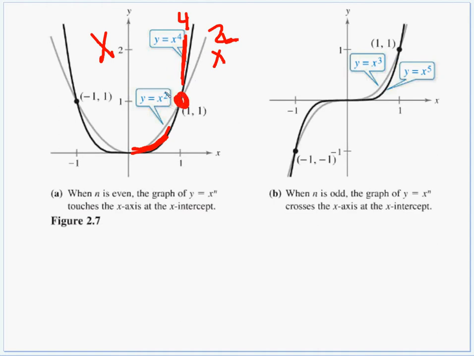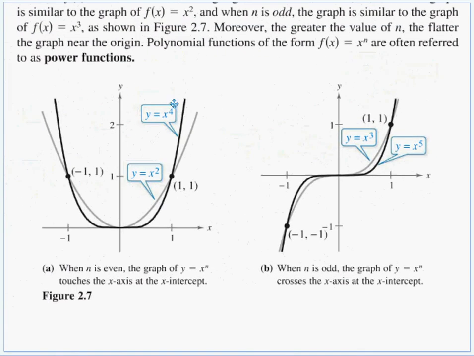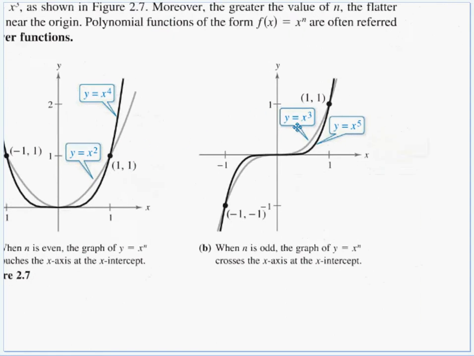And any higher power, x to the sixth, would be even closer, x to the eighth. The higher the even exponent, the closer we get to the y-axis. And notice they share that point here, 1, 1, and negative 1, 1, because 1 to any power is going to equal 1.